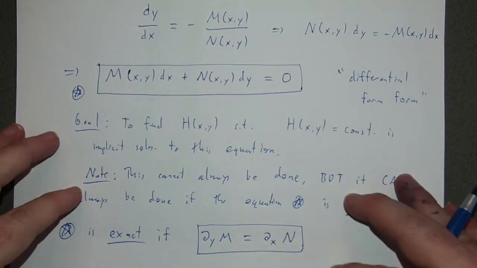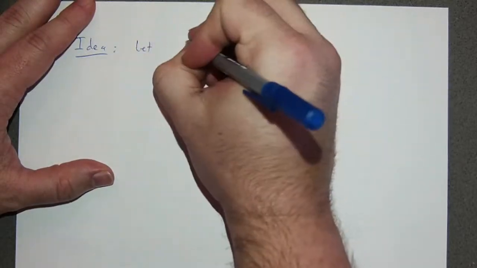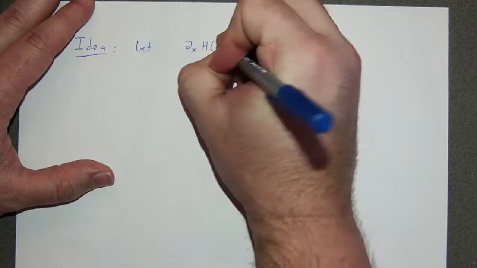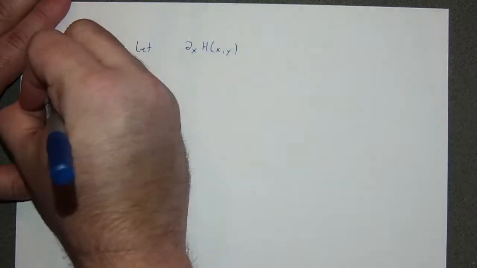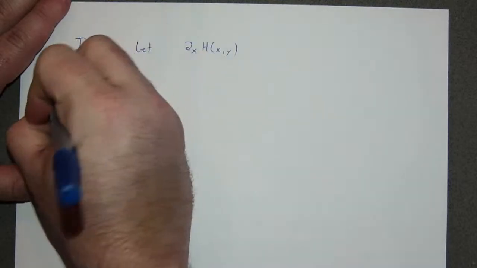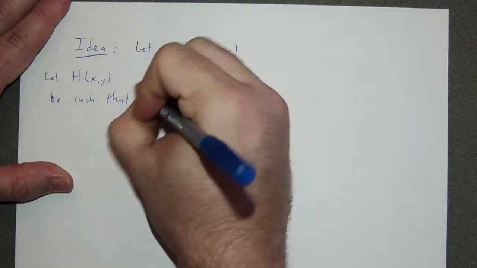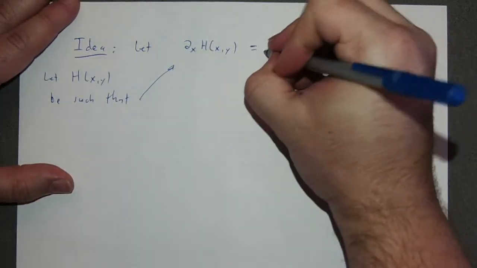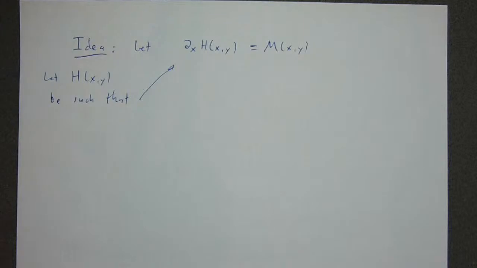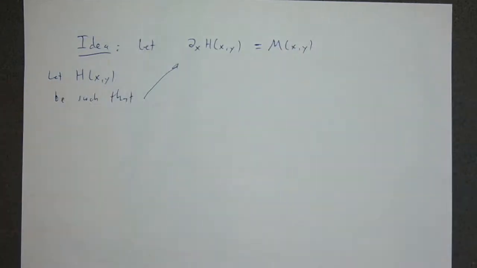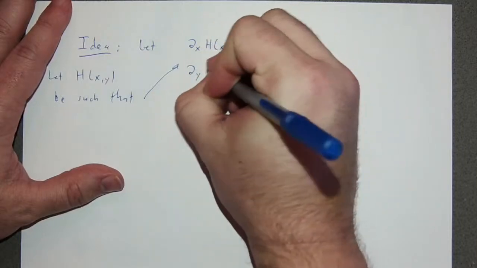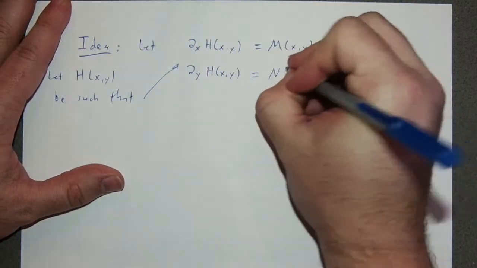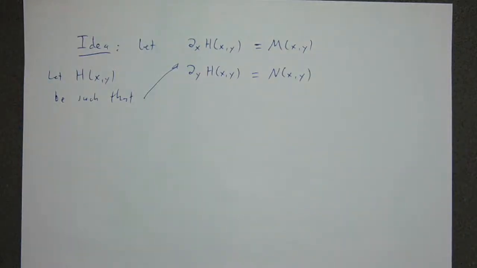So the main idea is to let h of x,y be such that the x partial of h of x,y is equal to M, the function showing up here on the dx, and the y partial of h of x,y is N. We want h to solve these things simultaneously.